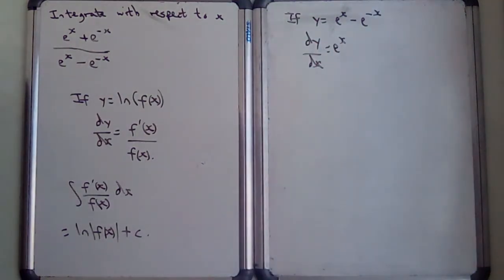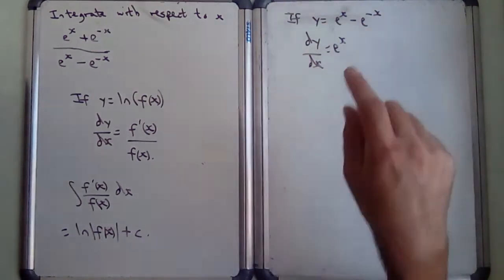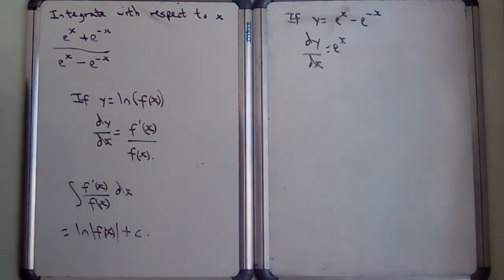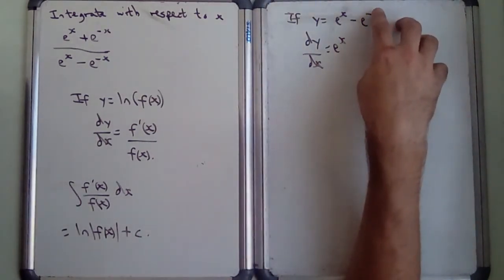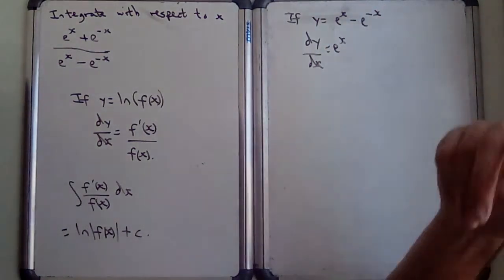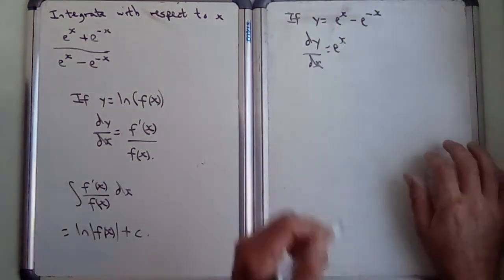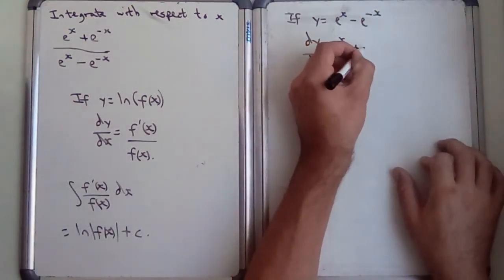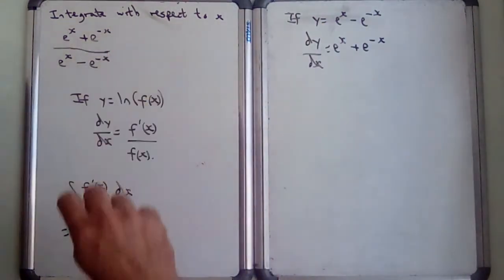Minus e to the minus x, well, the minus 1 here is just a constant. If we differentiate e to the minus x, remember the shortcut chain rule, you differentiate the power. So that would be minus 1 times e to the minus x. Minus 1 times e to the minus x times the minus 1 that's already there would give us plus e to the minus x, which is identical to that numerator up there.